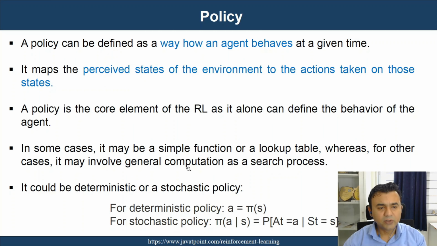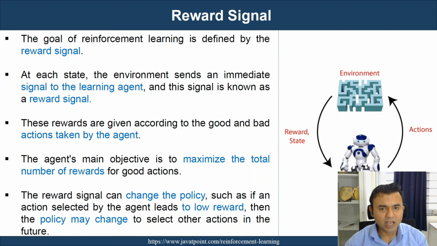In some cases, it may be a simple function or a lookup table, whereas in other cases, it may involve a general computation as a search process, right? For example, it could be deterministic, where a particular action is taken based on a policy for a particular state, or it could be stochastic also, where the actions are dependent on certain conditions. So using conditional probabilities, we look into the stochastic direction also.